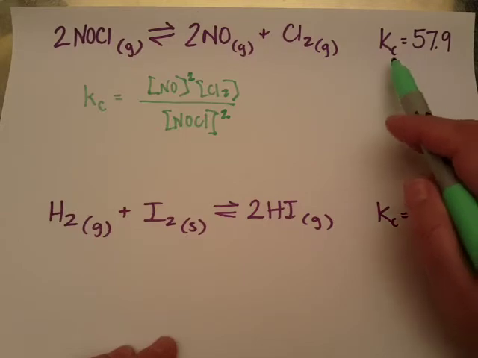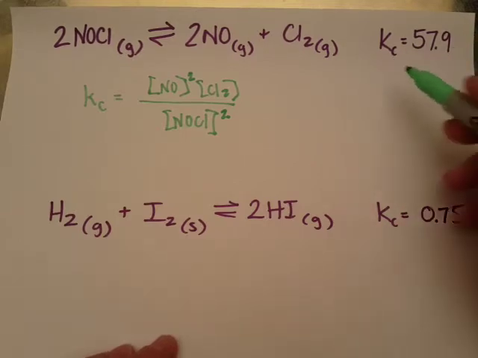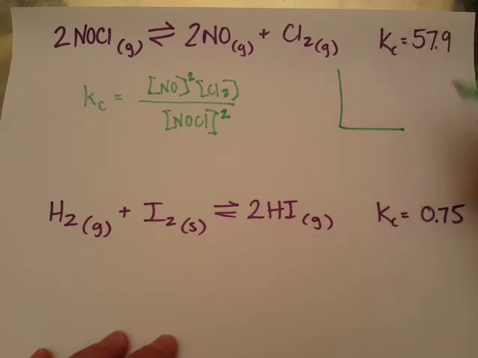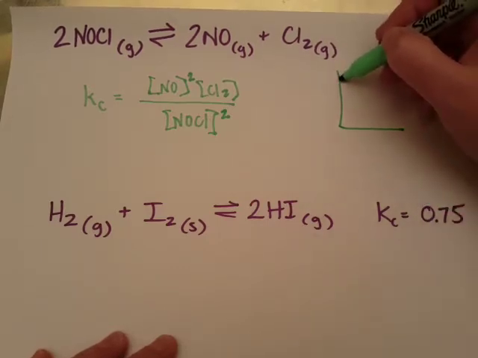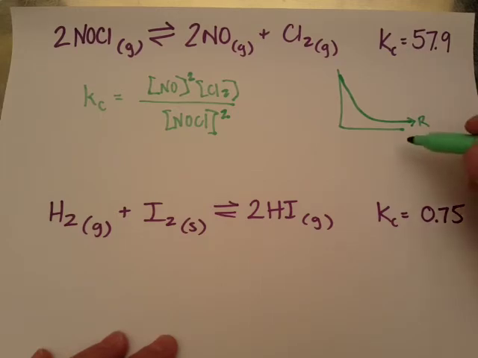We want to look here at the Kc value, and there's some things that we can say about this. If we were to sketch out the scenario, we'd see that NOCl kind of going down over time, but then evening out. So that's your reactant.